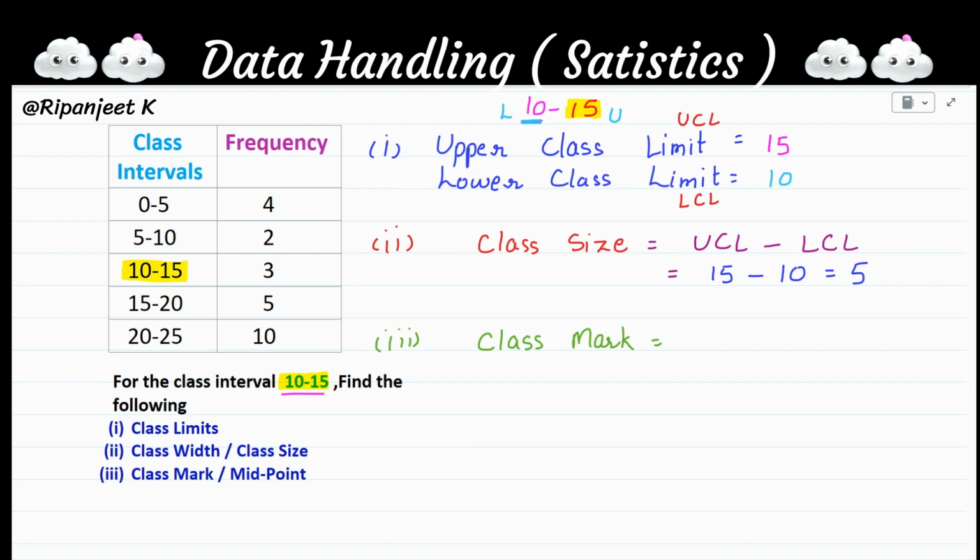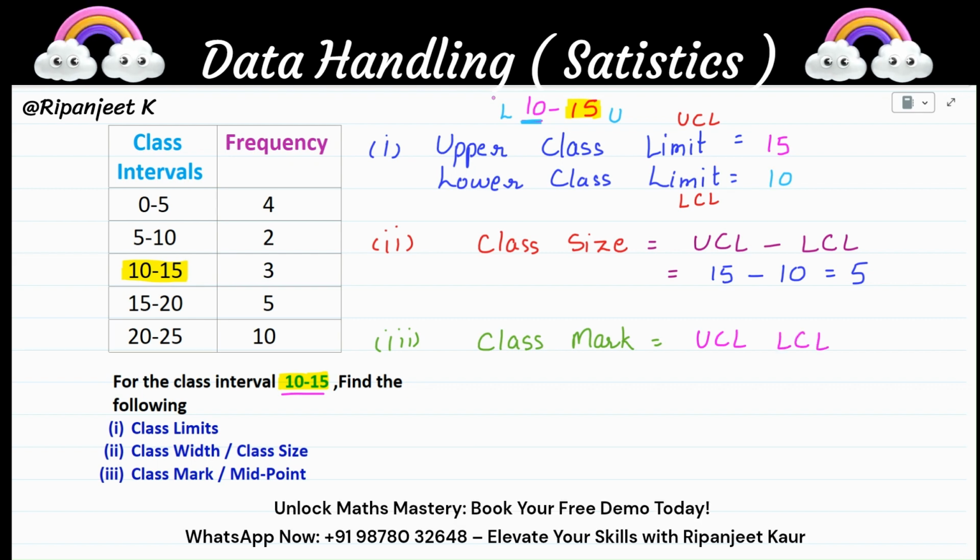How? Well, when the upper class limit and the lower class limit are added and their sum is divided by 2, we get the class mark. So the class mark is the addition of the upper class limit and lower class limit divided by 2.